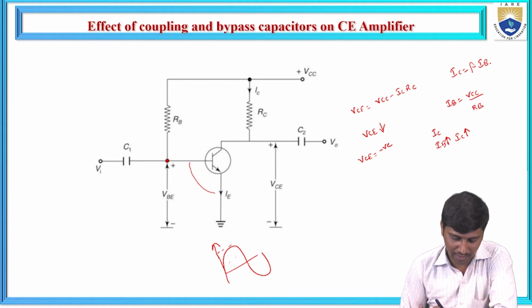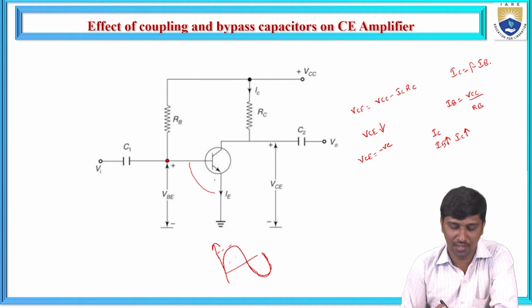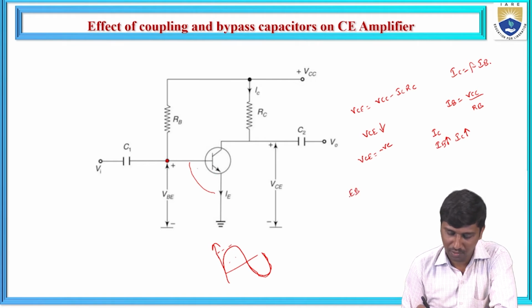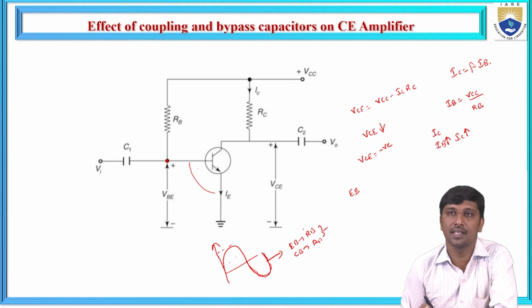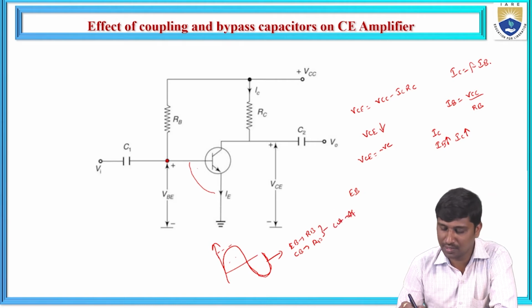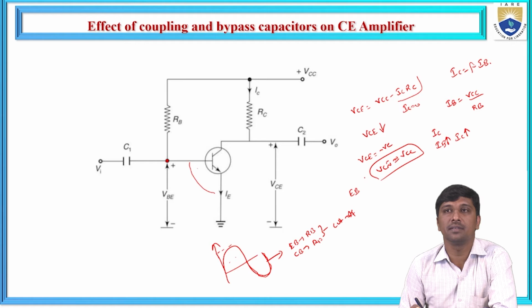Similarly, when a negative peak is passing through this amplifier circuit, what happens? The emitter base junction is reverse biased. During the negative peak cycle, the emitter base junction becomes reverse biased, and the collector base junction is already reverse biased. Both junctions are reverse biased, so it acts as the cutoff region. There is no flow of collector current, IC becomes zero, hence VCE is approximately equal to VCC.